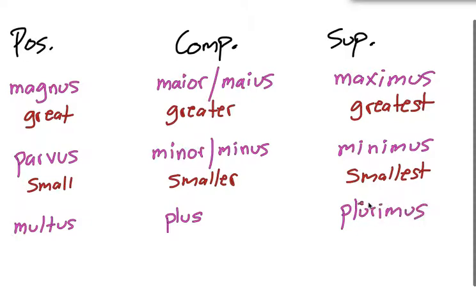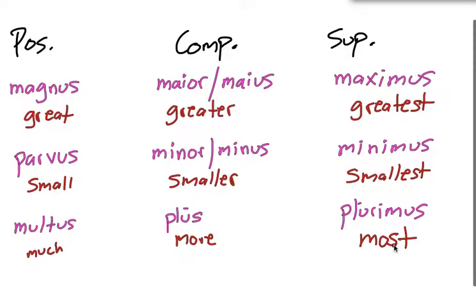So multus, plus, plurimus. And when we translate this, multus is much, plus is more. We've seen plus before in partitive genitive forms, and plurimus is most.